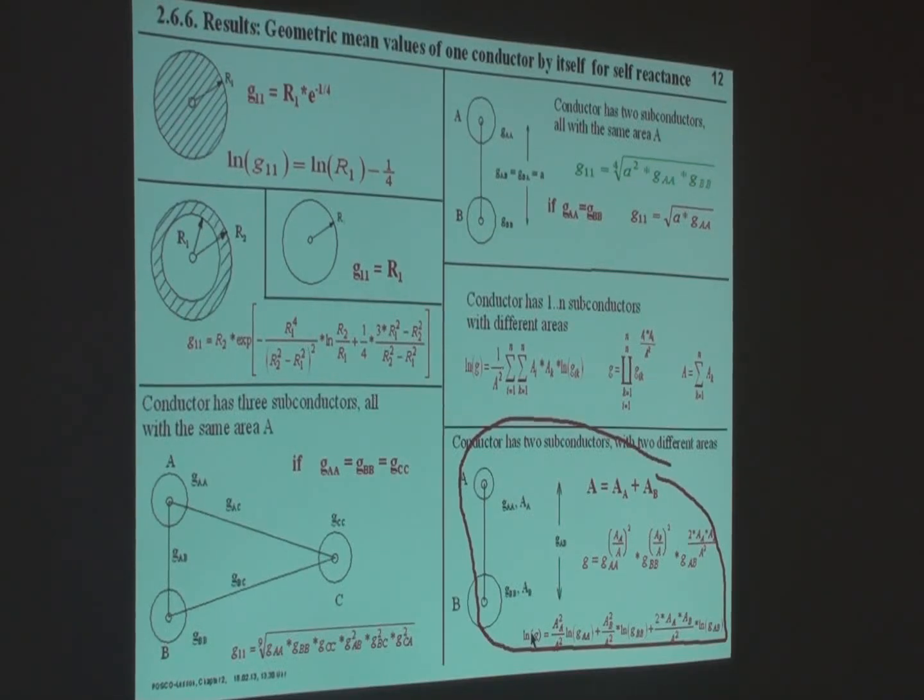Therefore, you will choose only conductors with the same surface. But if you use this formula as a sum, you can make this and calculate this. But I think it makes no sense. I will explain here because it's not practical.